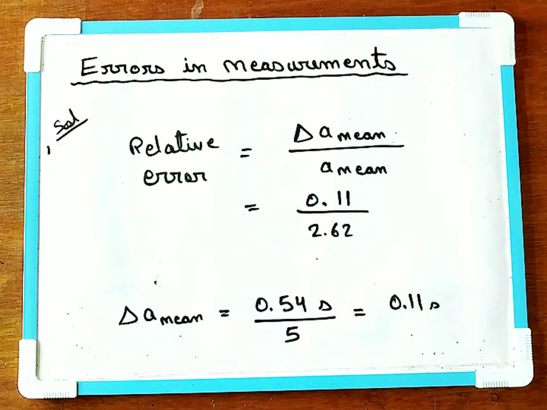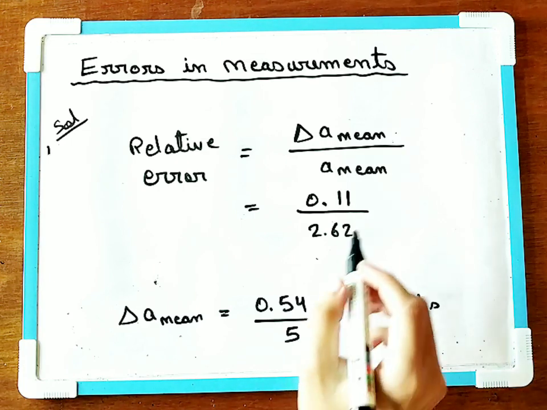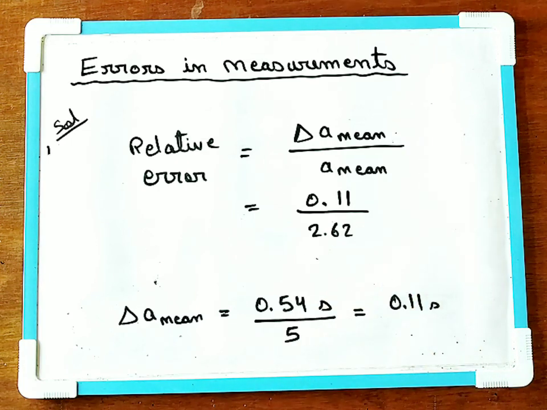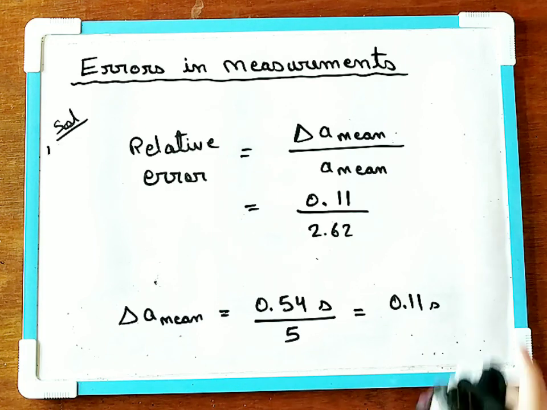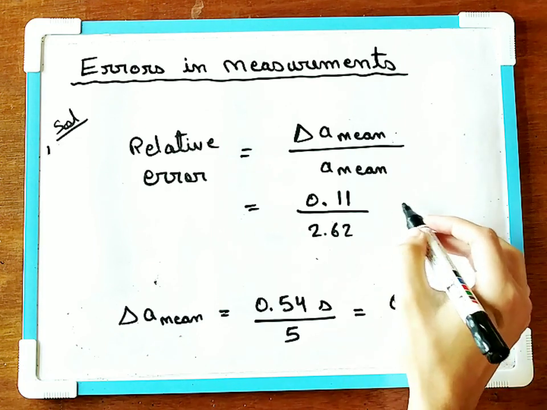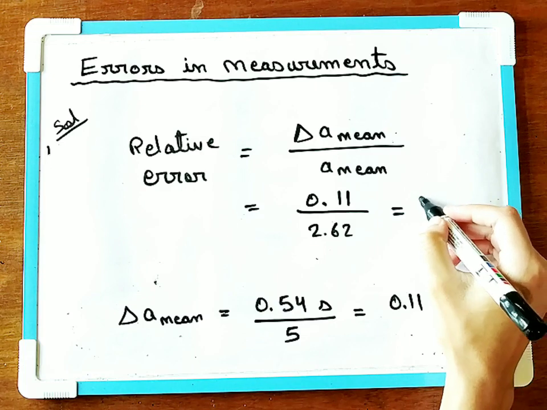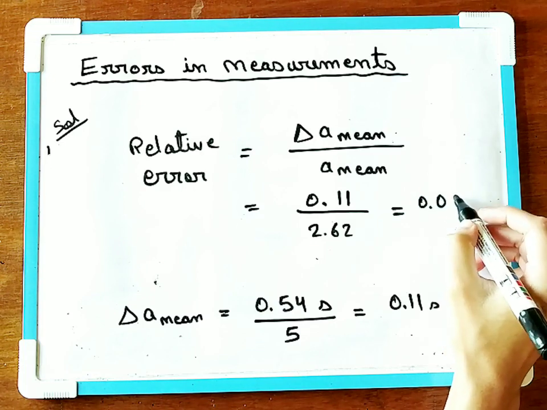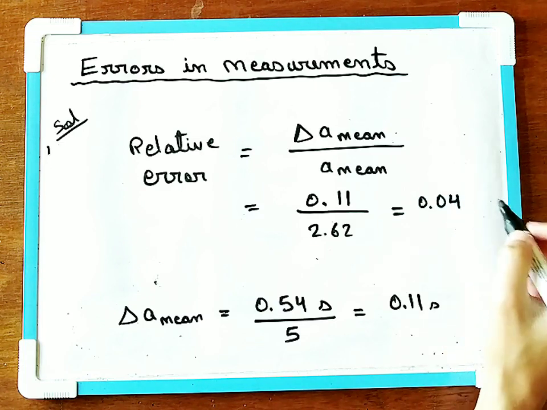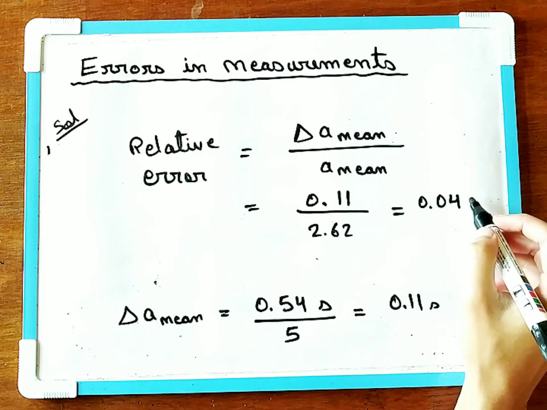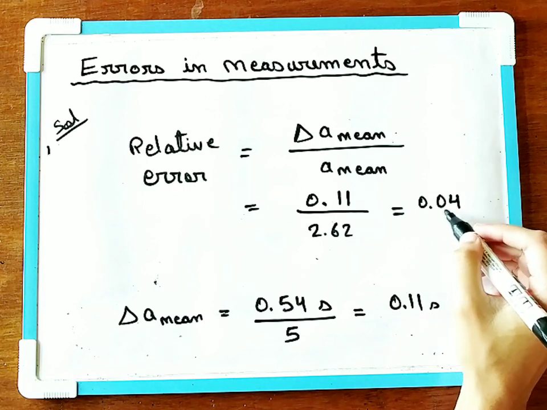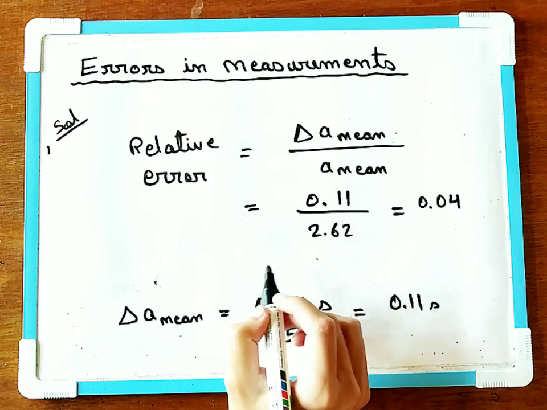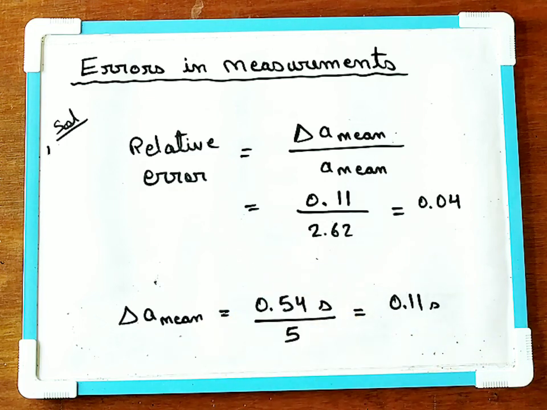If you divide 0.11 by 2.62, what you'll get is around 0.04. After rounding, I'll get 0.04. So that is your relative error.